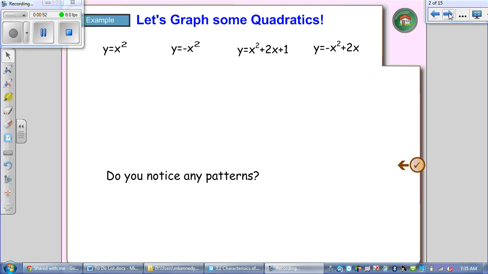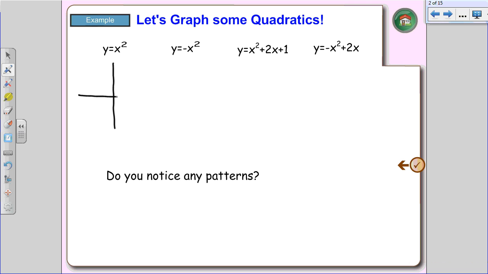So x to the power of 2, you graph that in your y equals. You should get a graph that looks like that. Go back into your y equals and put in negative x squared. And you should get a graph that looks like this.